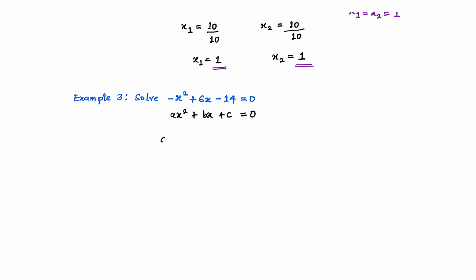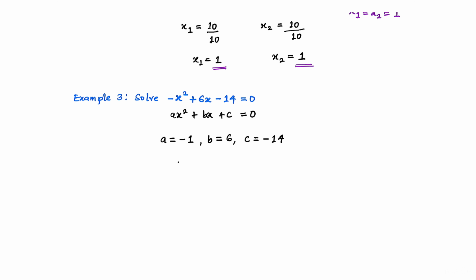So directly, we can determine that the value of a is the coefficient of x squared here. And the coefficient of x squared here is negative 1. The value of b is the coefficient of x, which is 6. And the value of c is the constant, which is negative 14.